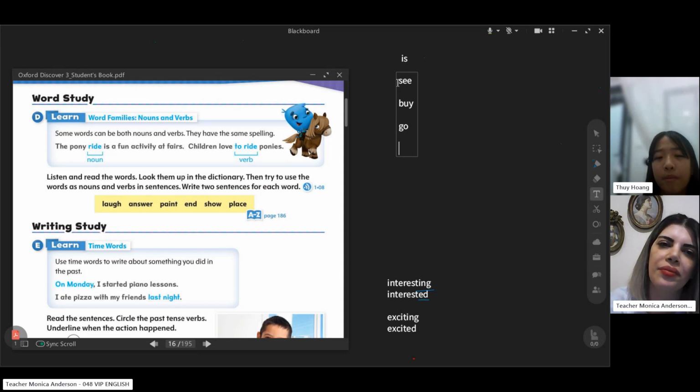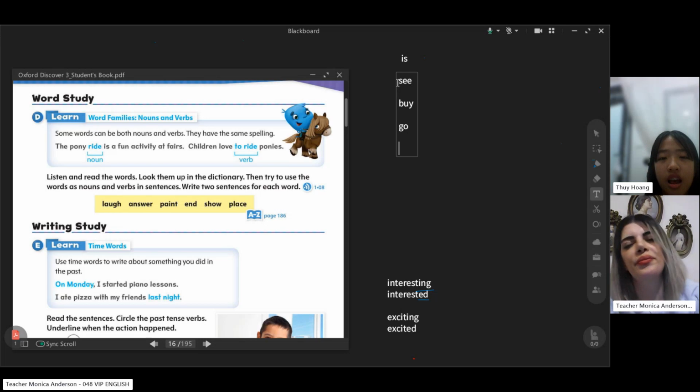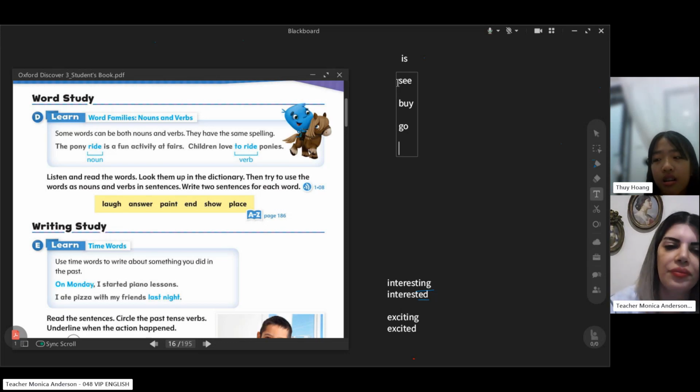Then the old man gives the boy a beautiful pocket, and in there are many coins. The boy is surprised.